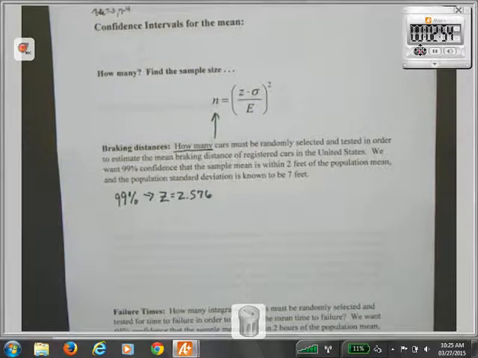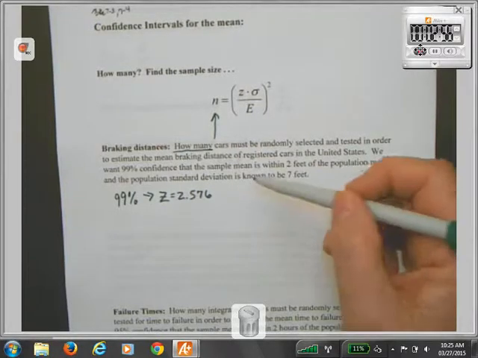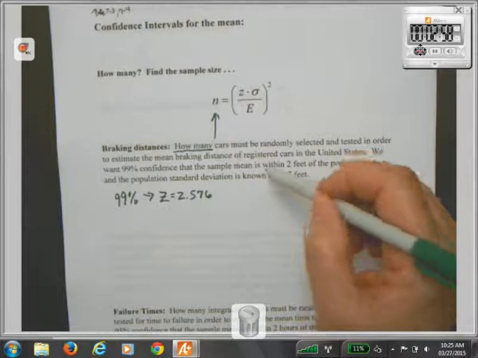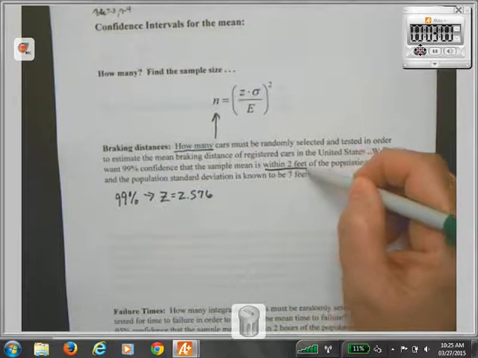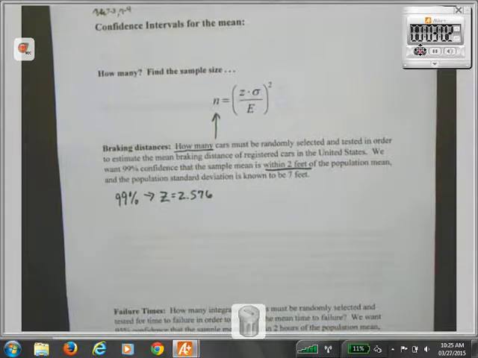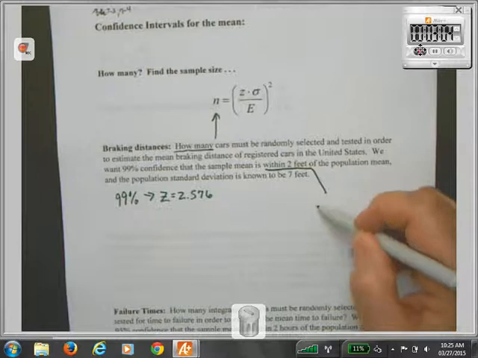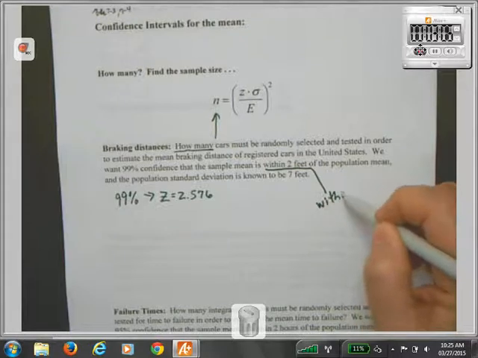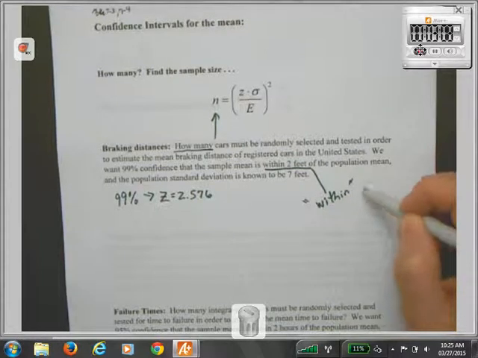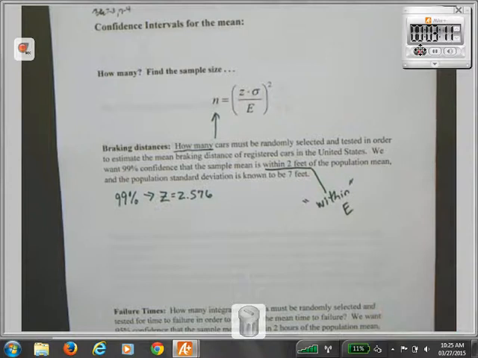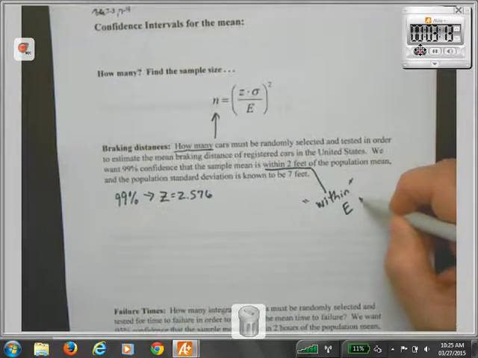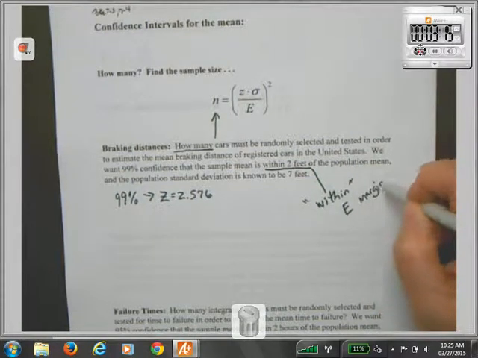All right, the next thing we need as we're reading along, the sample mean is within. That's a key word, that word within. That word within is a key word showing us what the value E is, or the margin of error. E is the margin of error.